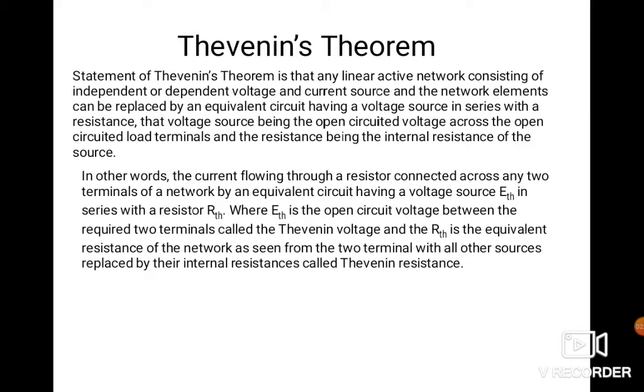In some books you will find VTH, VOC, the open circuit voltage between the required two terminals, called the Thevenin voltage, and RTH is the equivalent resistance of the network seen from the two terminals with all sources replaced by their internal resistance, called Thevenin resistance.